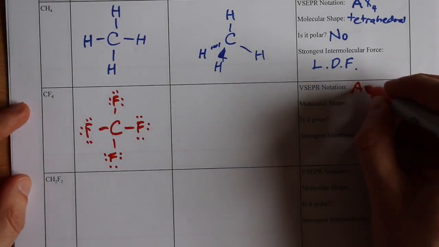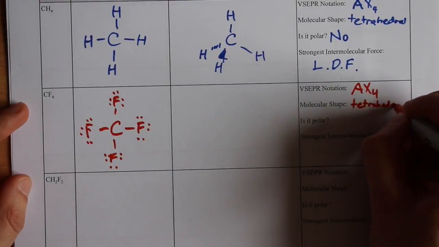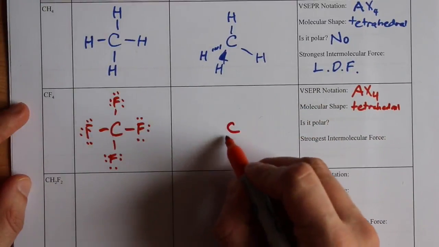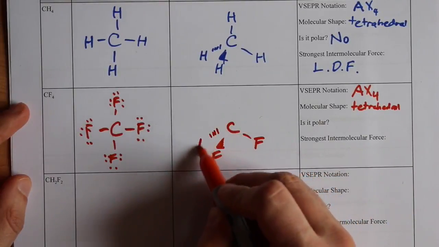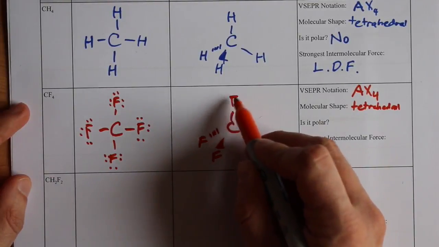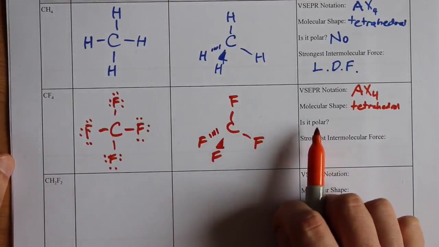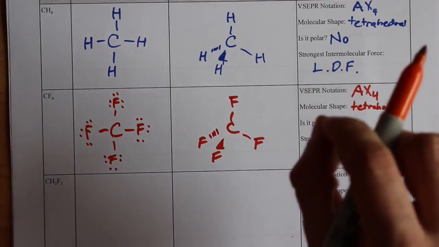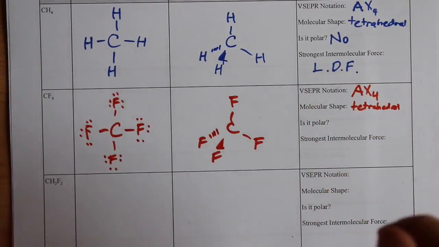This one is also AX4 and is also tetrahedral. And so it's going to look exactly the same when I draw the 3D structure. Here's that F, here's that F, here's that F, and here's an F sticking up out the top.